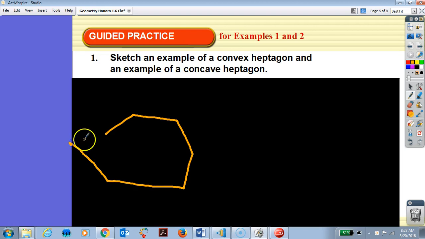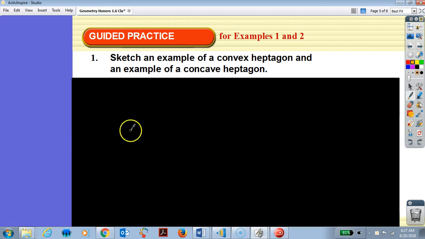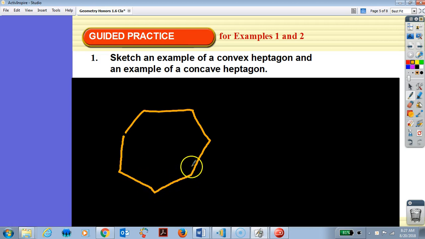I can't draw. Those have to all be straight lines and those connect, right? There you go. And a concave one.